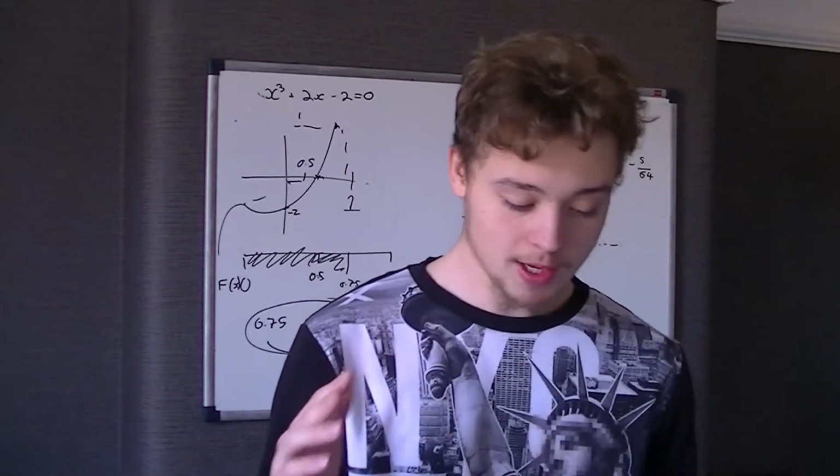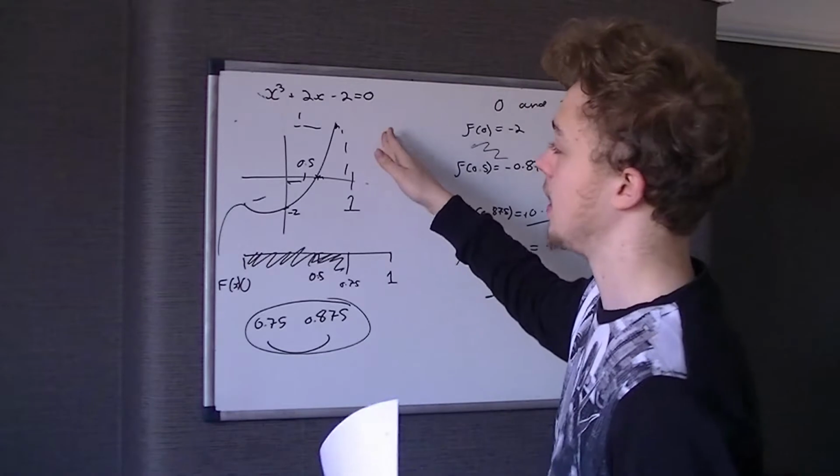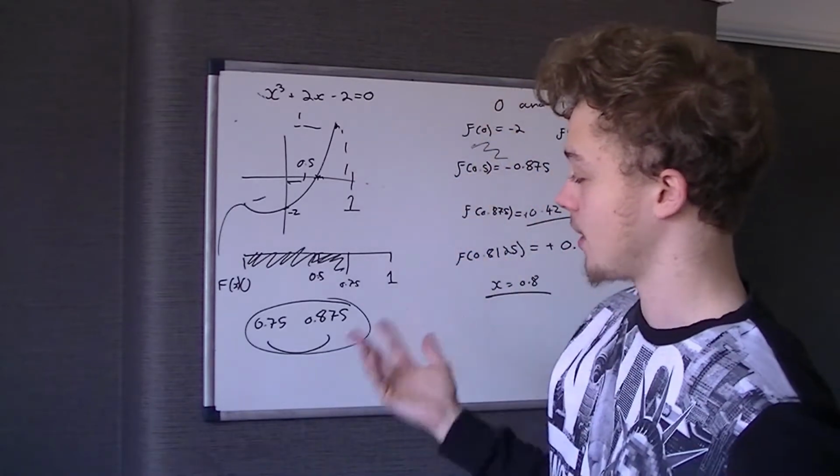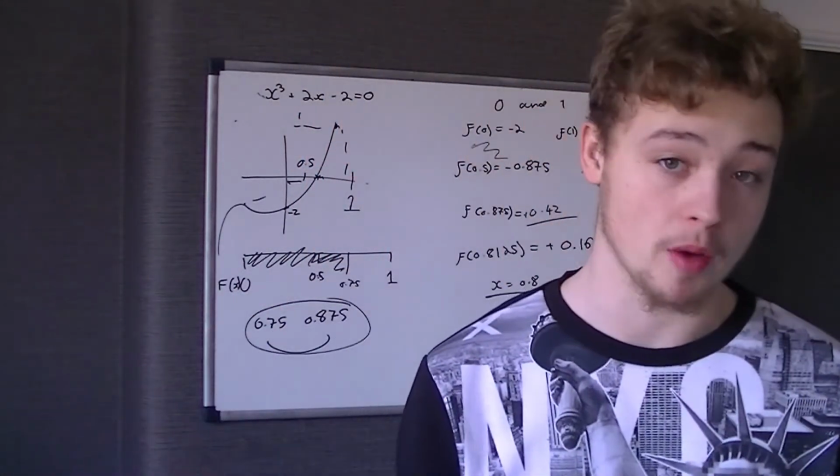It's quite simple. So we get an equation like that, like we said, where it's not really easy to factorise, and they will tell us a range that the root lies in. In this case, it was between 0 and 1.